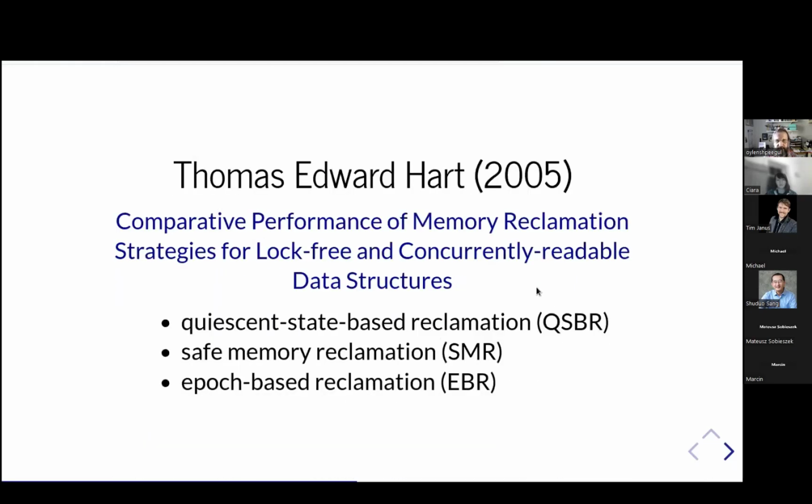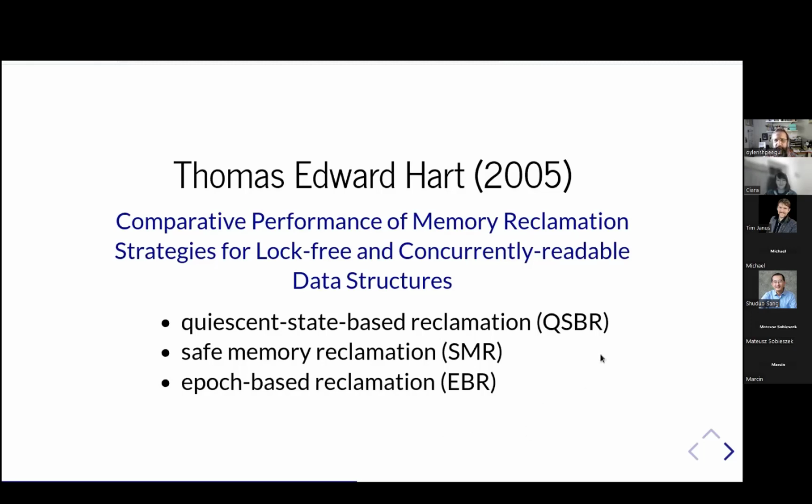And then I came across this paper, comparative performance of memory reclamation strategies for lock-free and concurrently readable data structures, which I guess is this guy's master's thesis at university. But I liked it for a number of reasons, but one is it's another example of this hyphen stuff, because there's 3 kinds of reclamation here, and the hyphenated quiescent state-based reclamation and the hyphenated epoch-based reclamation, and then sadly safe memory doesn't get a hyphen, so English is hard, I guess.